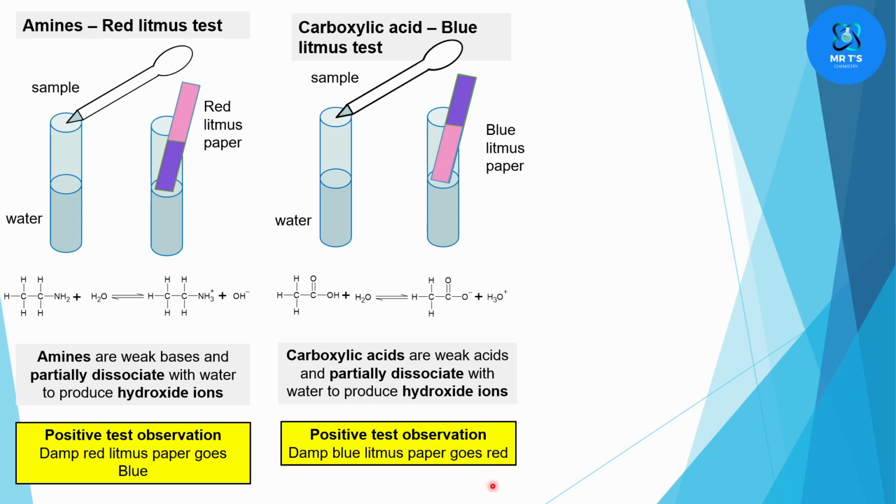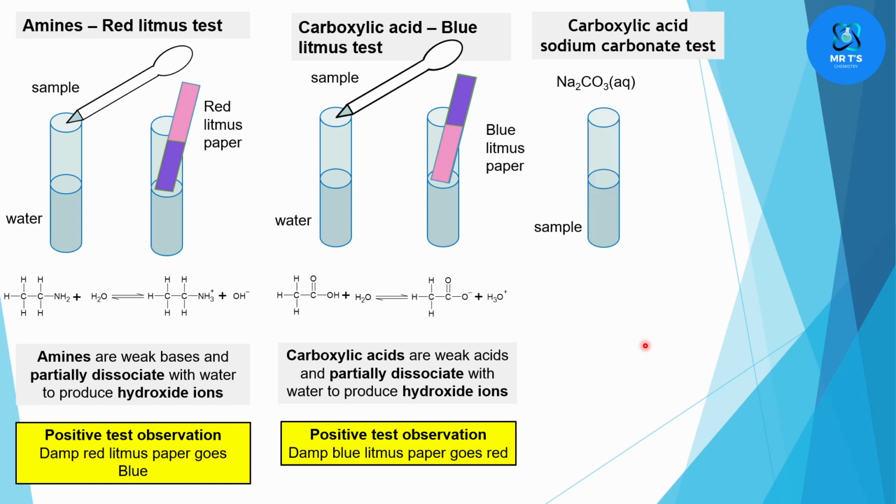So the positive test here is our damp litmus paper will go from blue to pink. Okay, the other way, the definitive test: if we think that we have a carboxylic acid because it went pink, we're going to make sure by taking the sample and adding some sodium carbonate.